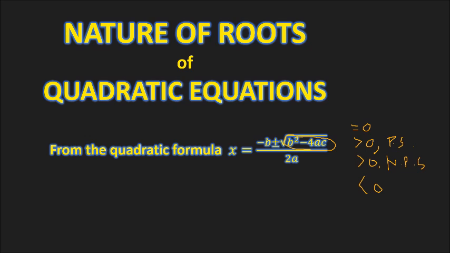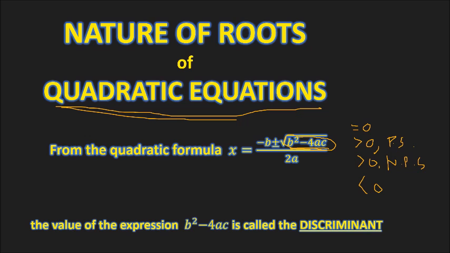So this b squared minus 4ac here describes what kind of roots our quadratic equation has. So without actually solving for the roots of a quadratic equation, you can identify the nature of roots of a quadratic equation by just using this b squared minus 4ac.